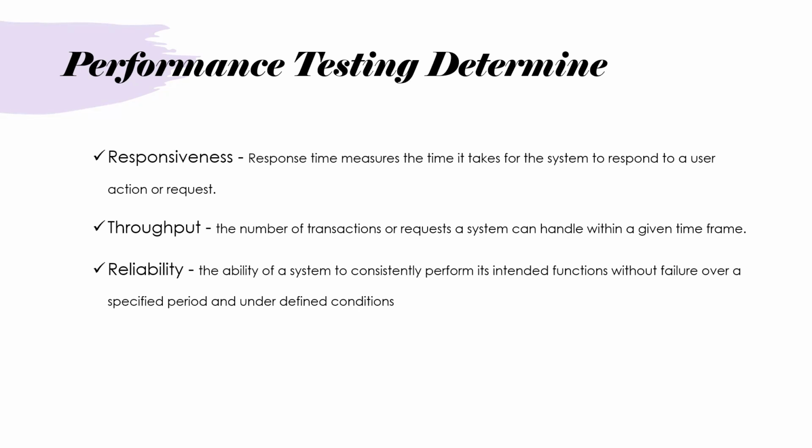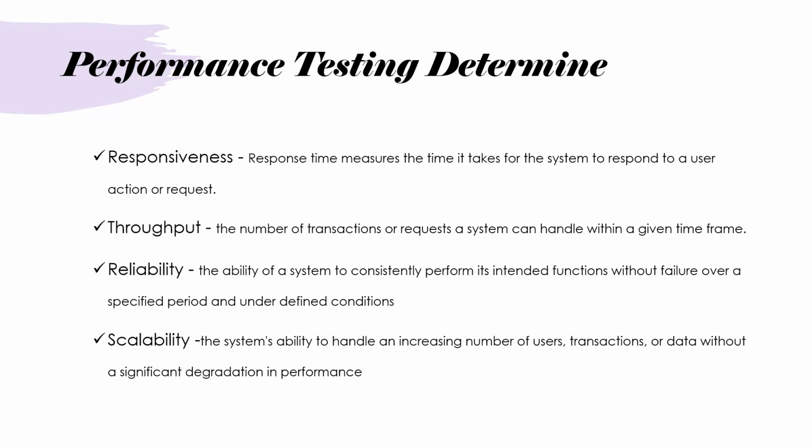The last one is scalability. Scalability is the system's ability to handle an increasing number of users or transactions without showing any significant performance degradation. So those are the main four quality attributes that we are going to determine during the performance test.